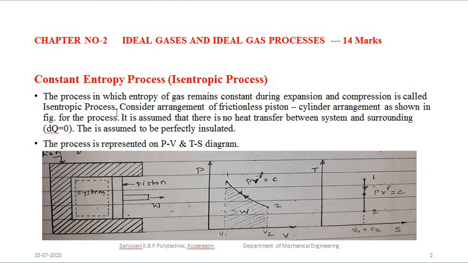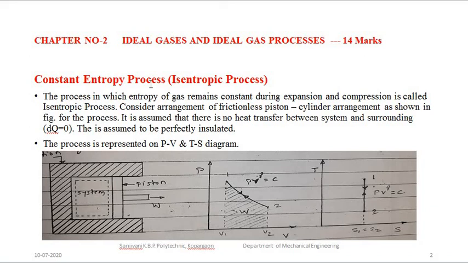Now in this case, the entropy of the system is assumed to remain constant. We know that entropy is a function of heat transfer. Therefore, whenever there is no heat transfer between the system and the surrounding, whatever the entropy of the system is, that entropy will remain constant.